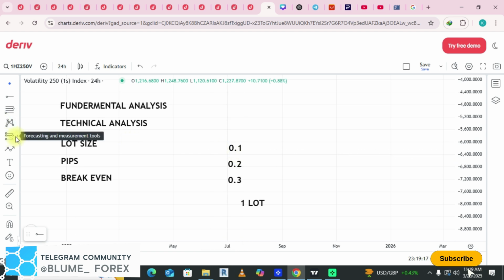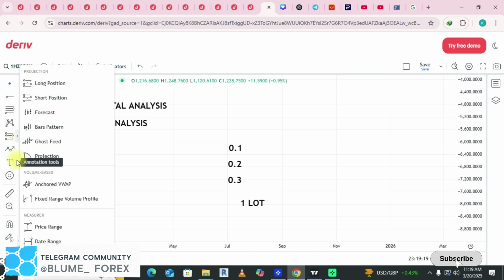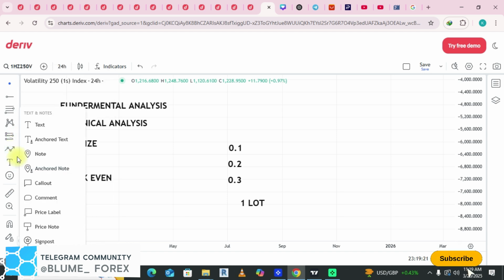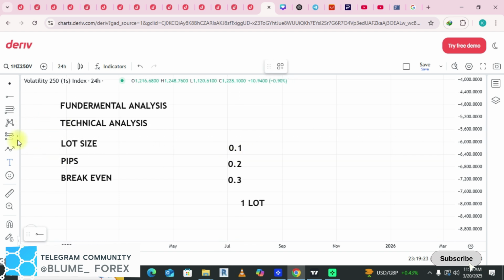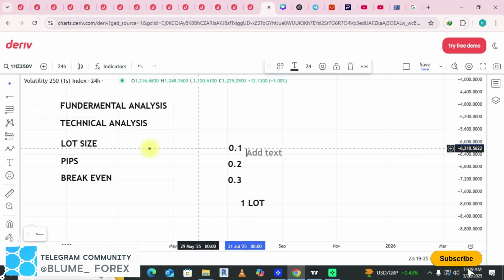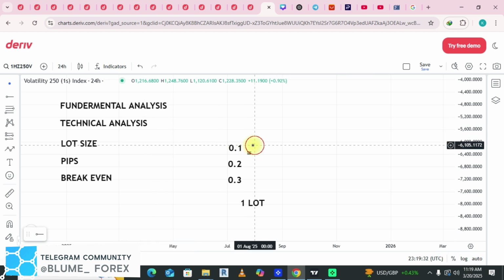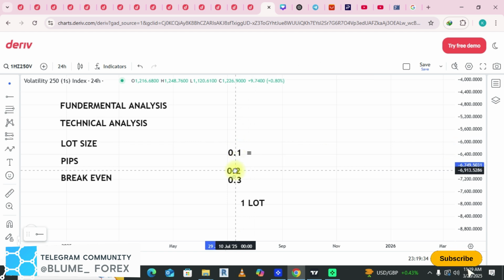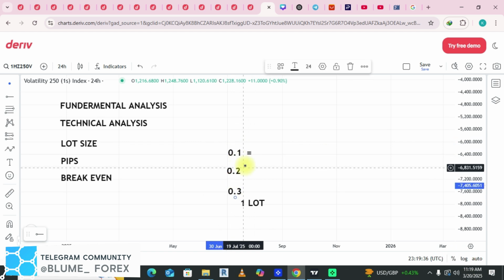So with 0.1, what that means is that when the market moves every step, you want it valued as $1. You want every step on the market, which is the pip, to be valued as $1.